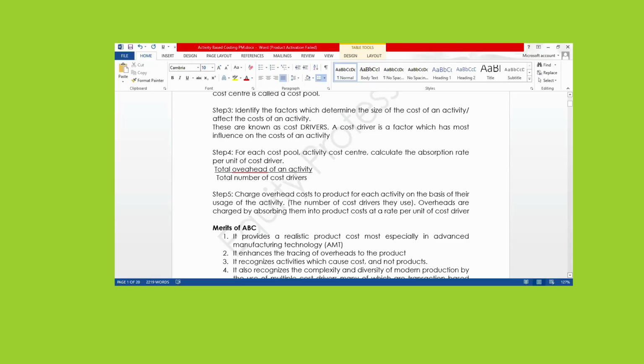Overhead is charged by absorbing it into product cost at a rate per unit of cost driver.